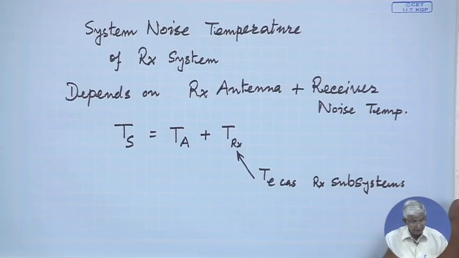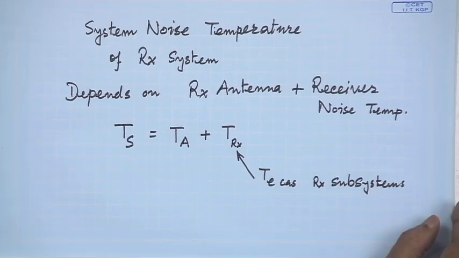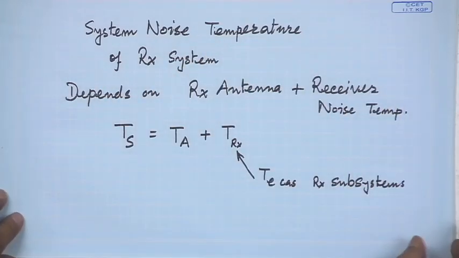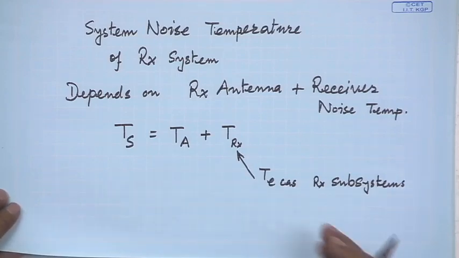So, that is about the received noise temperature, and from the antenna side and from the receiver side put together, we have seen how the system noise temperature appears.